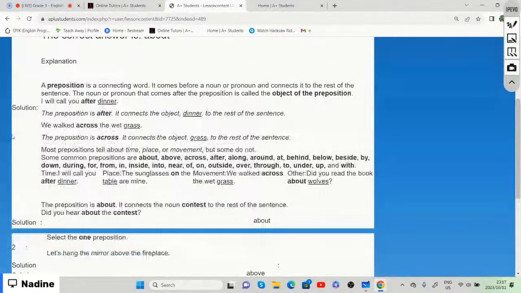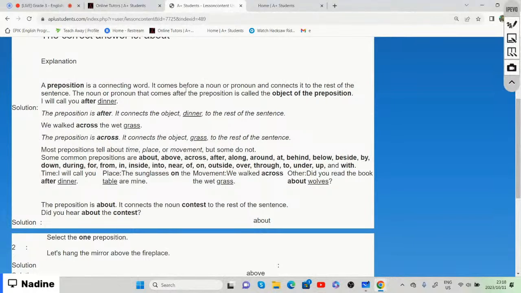All right, so we say the preposition is a connecting word that comes before a noun or a pronoun and it connects it to the rest of the sentence. And the noun or pronoun that comes after the preposition, we call that the object of preposition, right? And then we made a few examples. For example, I will call you after dinner.